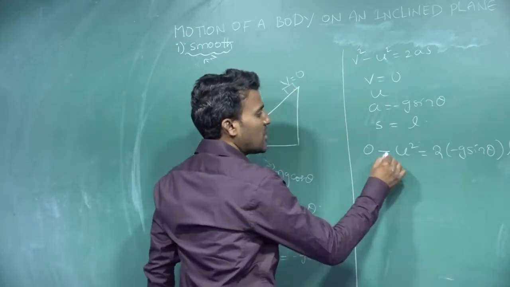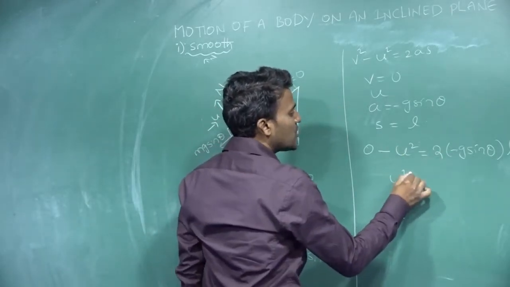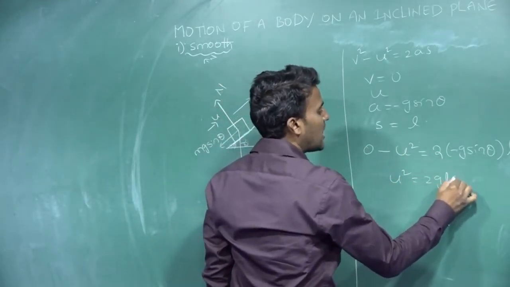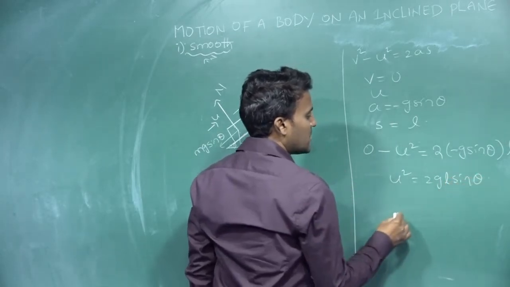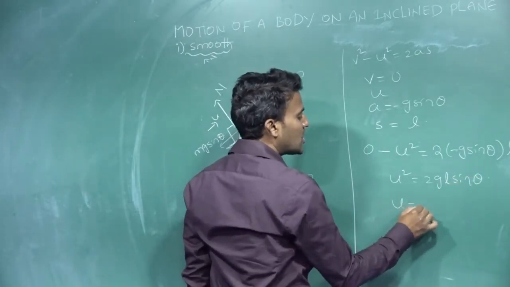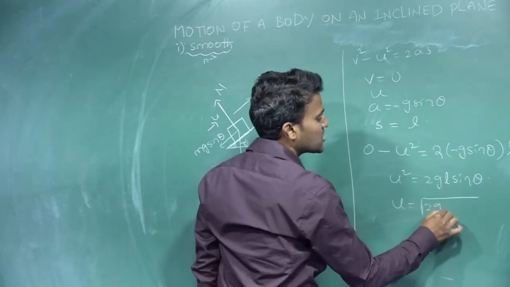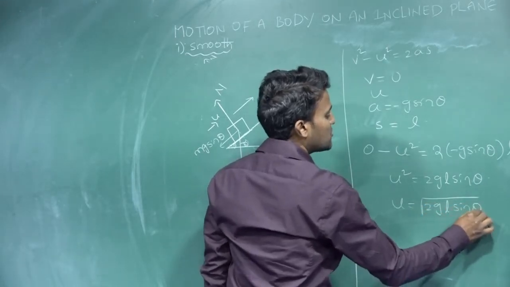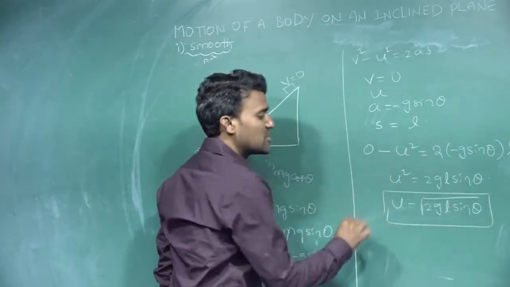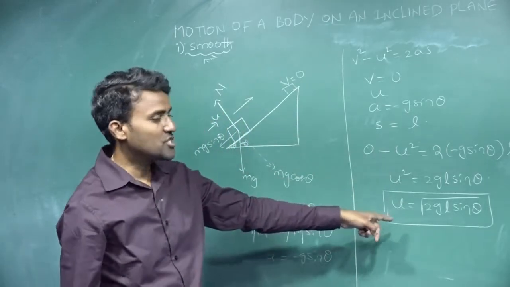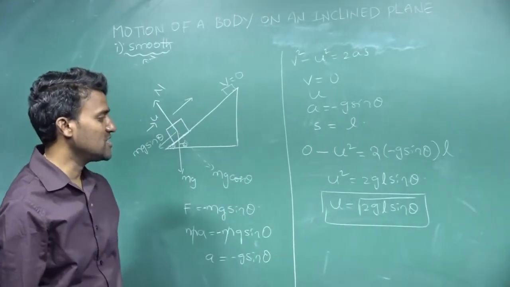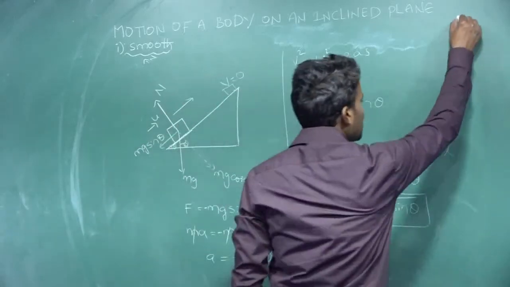Here minus minus gets cancelled. U square is equal to 2gl sin theta, isn't it? So the object is projected upward with a velocity u equal to under root of 2gl sin theta.